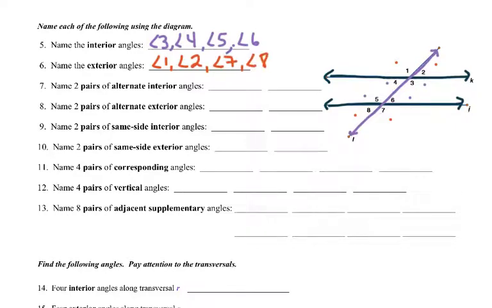Now we start to name them in pairs. 2 pairs of alternate interior. Alternate interior angles here would be angle 4 and angle 6. And similarly, angle 3 and angle 5.